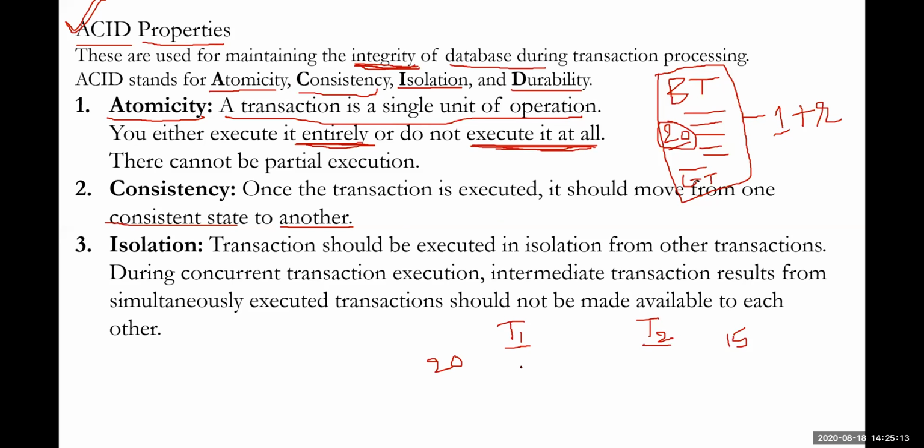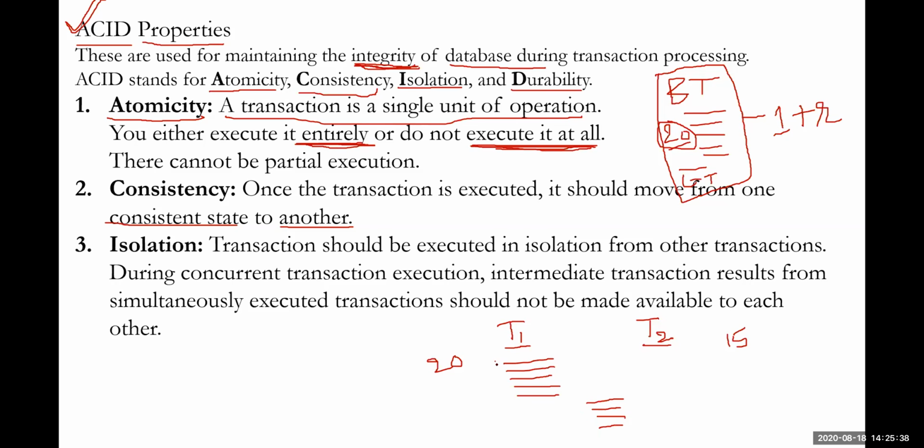Let us consider that the first 5 instructions of transaction T1 have been executed. Then it will be stopped and the second transaction will be interleaved. These 2 transactions are not in isolated mode; they are in interleaved mode.